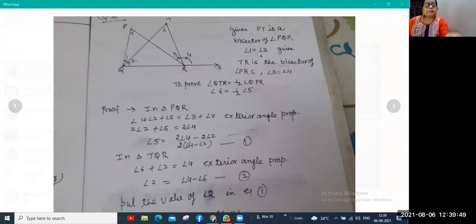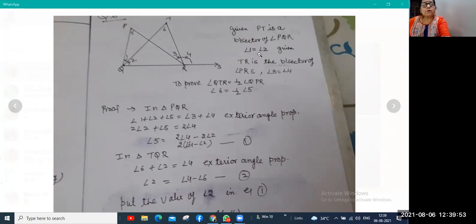So angle 5 will be equal to double of angle 4, and this double of angle 2 will go to the right-hand side. Its sign will change. So we can take 2 common, and inside the bracket it will be angle 4 minus angle 2. This is denoted by equation number 1.